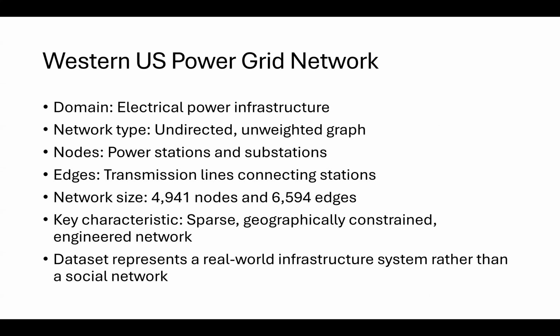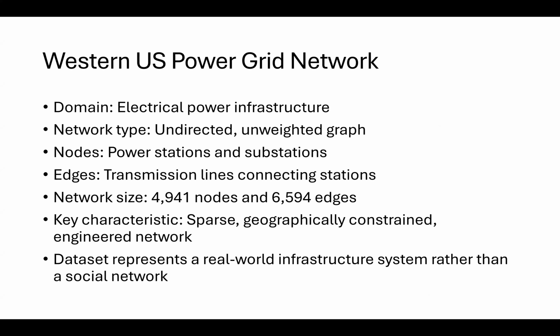Nodes represent power stations and substations. Edges represent transmission lines connecting those stations. The network contains 4,941 nodes and 6,594 edges. Given this size, the number of actual connections is very small compared to the number of possible connections.